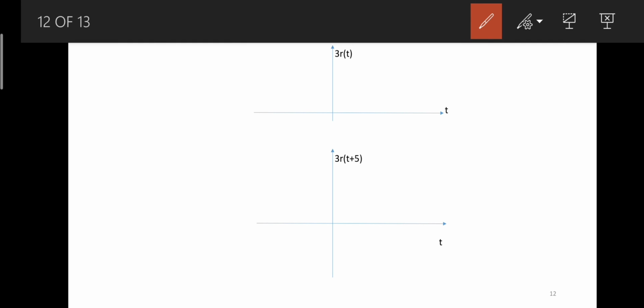Here we can draw 3 into r of t first, and we can shift the 3 into r of t by 5 units to the left hand side for getting 3r of t plus 5. So 3r of t, here the 3 indicates the slope. That is, for every 1 unit change in x-axis, there will be a corresponding 3 unit change in y-axis. So the graph will look like this.